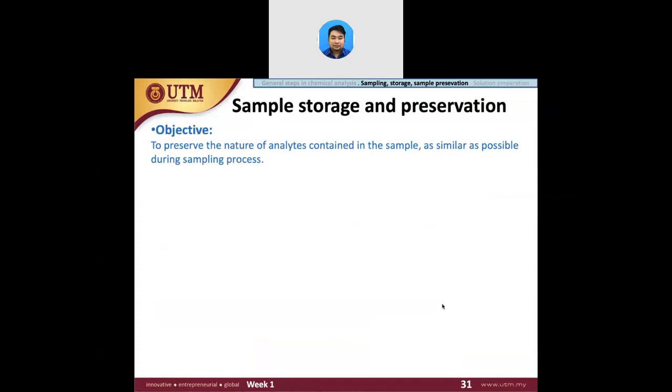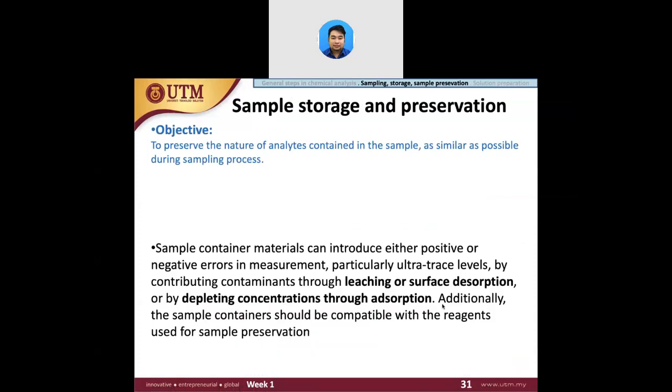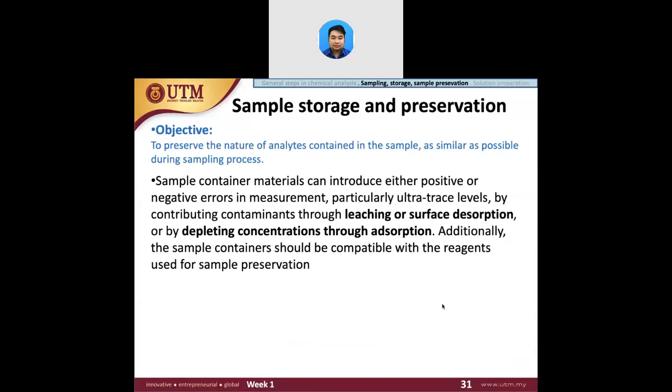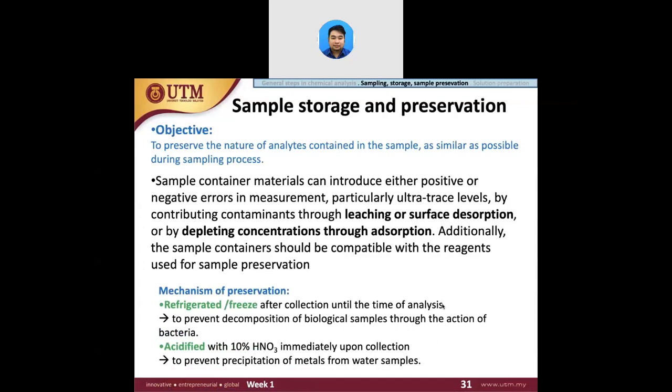Alright, after you have done your sampling, you will need to know about sample storage and sample preservation. The objective of sample storage and preservation is to ensure that we preserve the nature of the analytes as similar as possible during the sampling process.